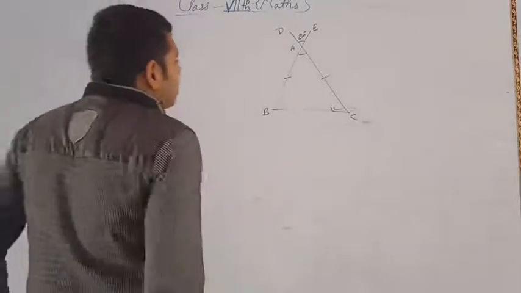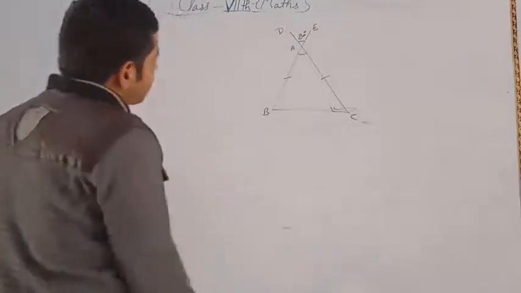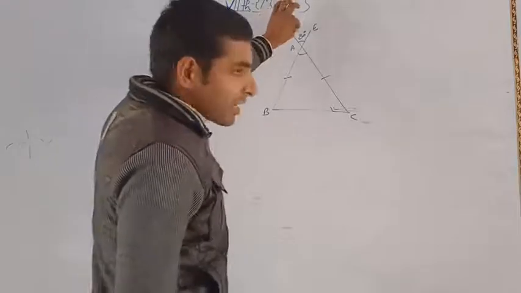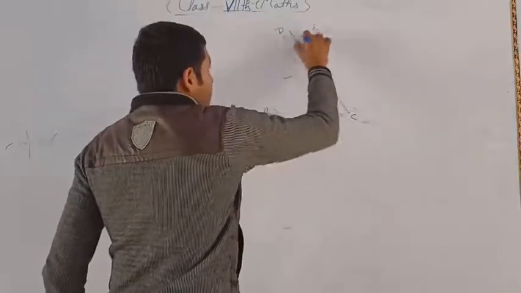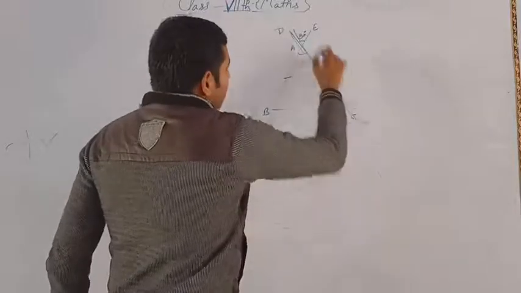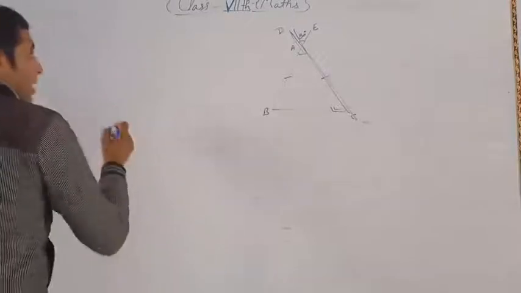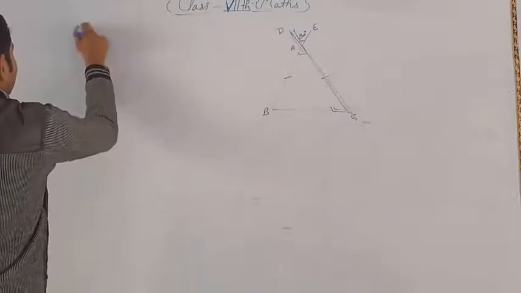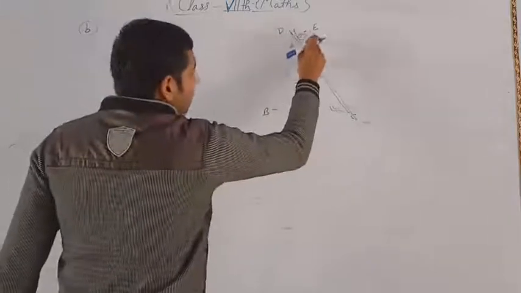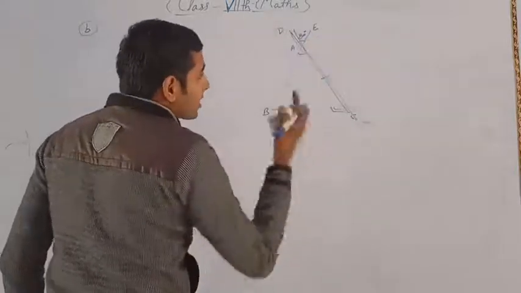From here we can see that this is 30 degrees. This is a linear angle on this side, so it becomes 180 degrees. So we can say that the sum of this angle and this angle is equal to 180 degrees.